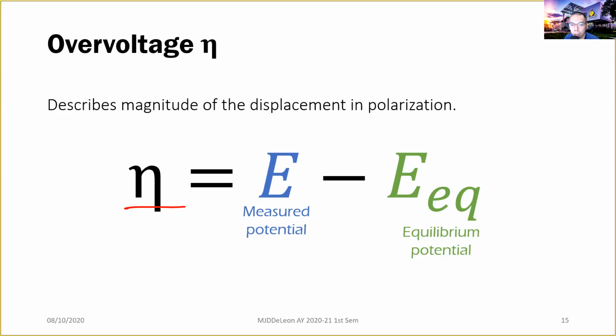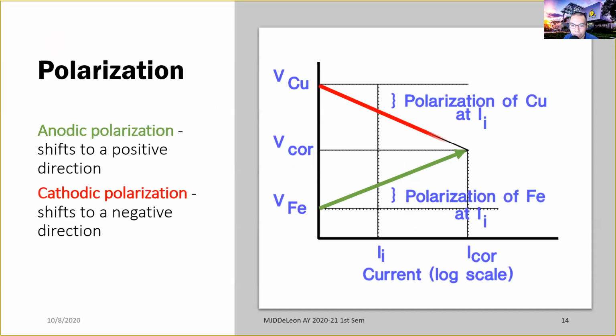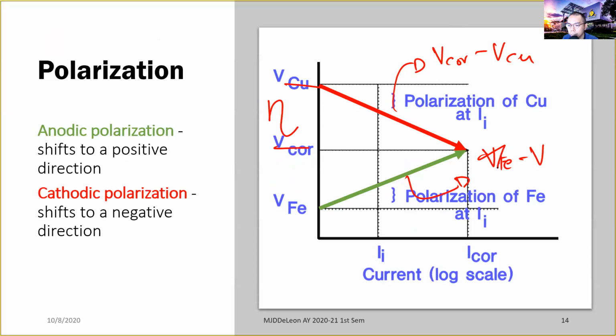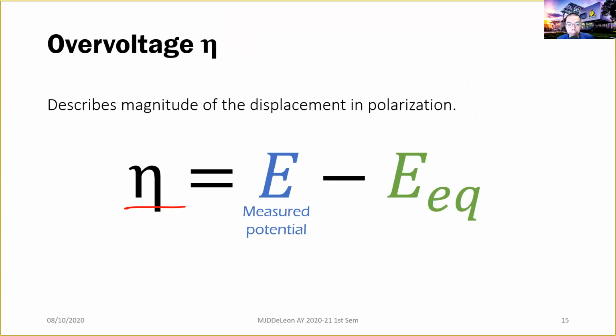So basically, yung overvoltage natin, it's just your overvoltage. So for your cathodic polarization, the overvoltage is V_corr minus V_Cu. For this one, this is V_Fe minus V_corr. So yan, that is your overvoltage.